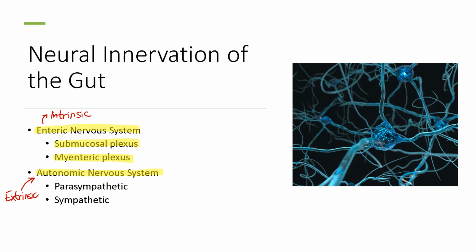Now, even though the neurons of the ENS can function independently, they really are subject to regulation by the neurons of the autonomic nervous system.